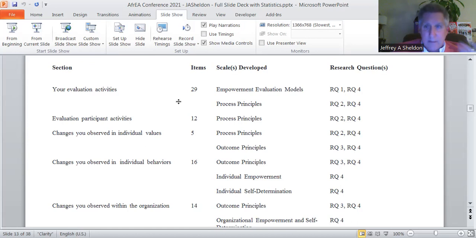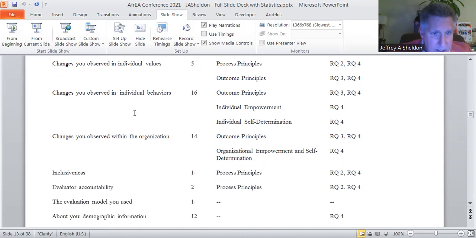So that takes into consideration the activities of the evaluator, the activities of the people involved, the participants, the changes that the evaluators saw in individual values related to evaluation in those who are participating, and changes observed in individual behaviors. So it's kind of changes in values and changes in behaviors related to evaluation.